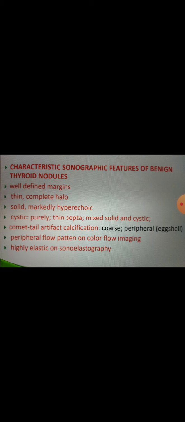And due to the calcifications, they can produce comet-tail artifact, and there is a characteristic appearance of peripheral eggshell calcification, which we will see in the next slide. There can be a peripheral flow pattern on the color flow imaging, and these can be highly elastic on sonoelastography.